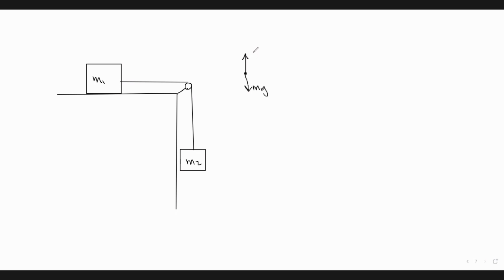Here we have the normal force of the table. And here we have the tension of the string. For mass 2, I meant to say, we have M2G and the tension T.